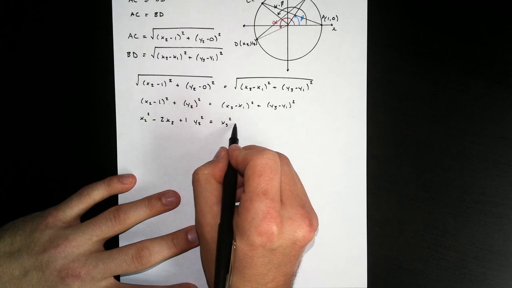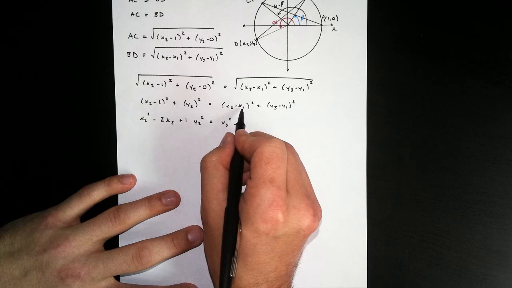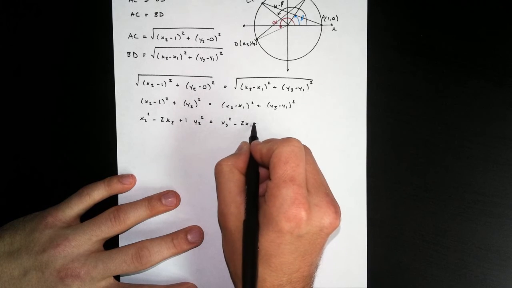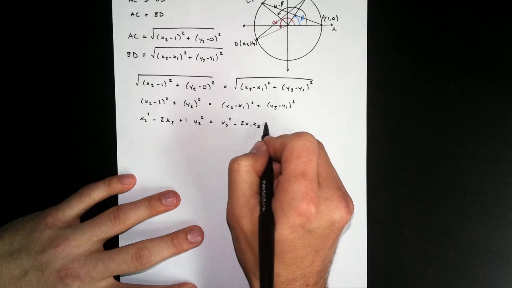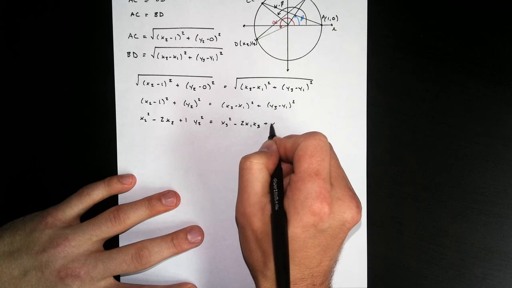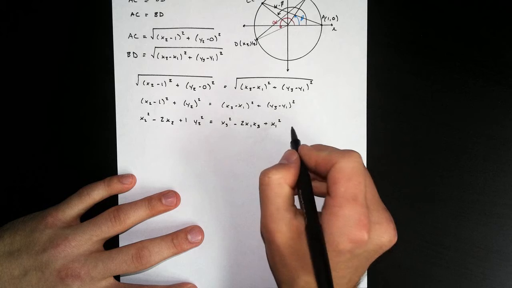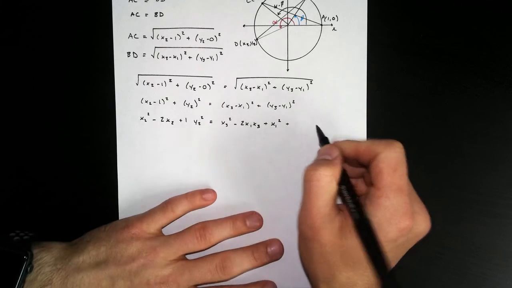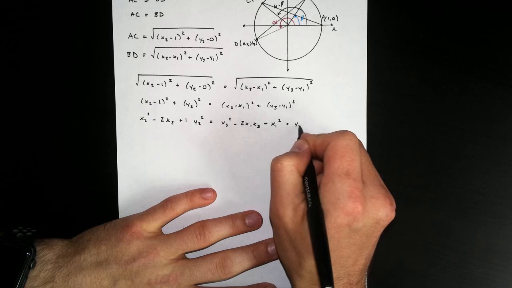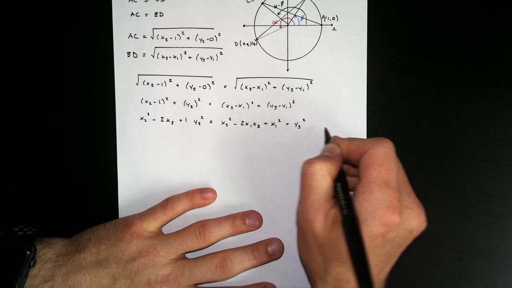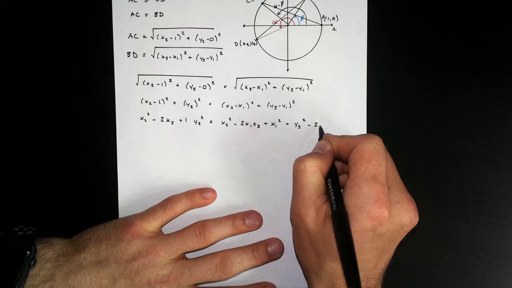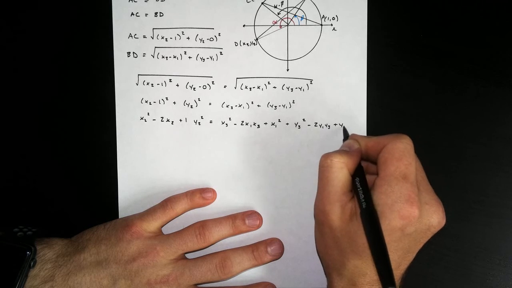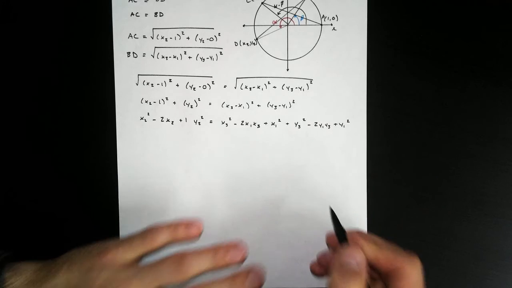In the middle, we have x3 times x1, and then doubling that, so minus 2 x1 x3, and then plus x1 squared. And then the last little bit of multiplying, following that same pattern, y3 squared, minus 2 y1 y3, and then plus y1 squared.